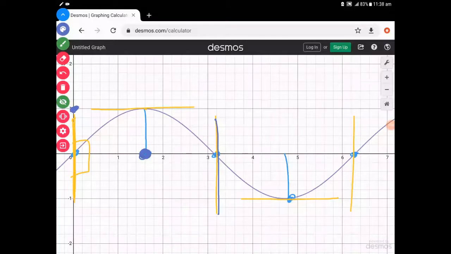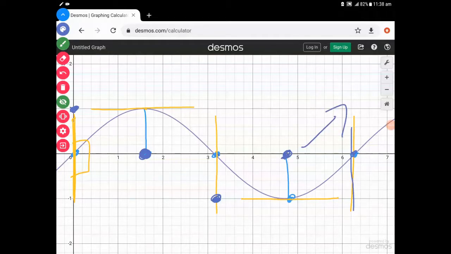So for sine or cos, the minimum value that the function can take is -1. So I will mark -1 here. Then here we have the slope of a horizontal line, which is again 0. Then here we have a vertical line, and we know that the graph is going up, so it is the maximum value, which is 1.